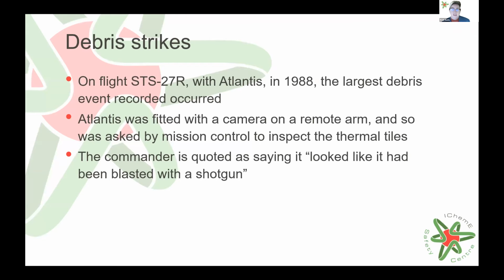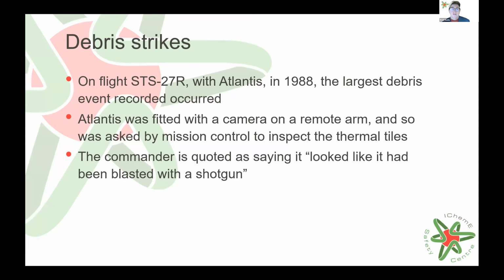There was one major debris strike that occurred before Columbia though, and it was a big near miss, a very big near miss. It was on Atlantis and it damaged the heat shield. And when Atlantis landed, its wing had almost burnt through, but they managed to land okay. They celebrated this as a success because they landed and it was great.